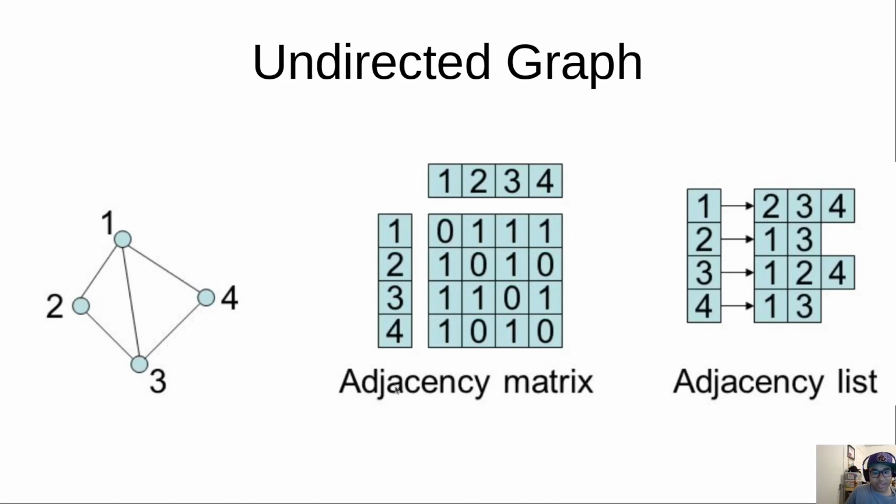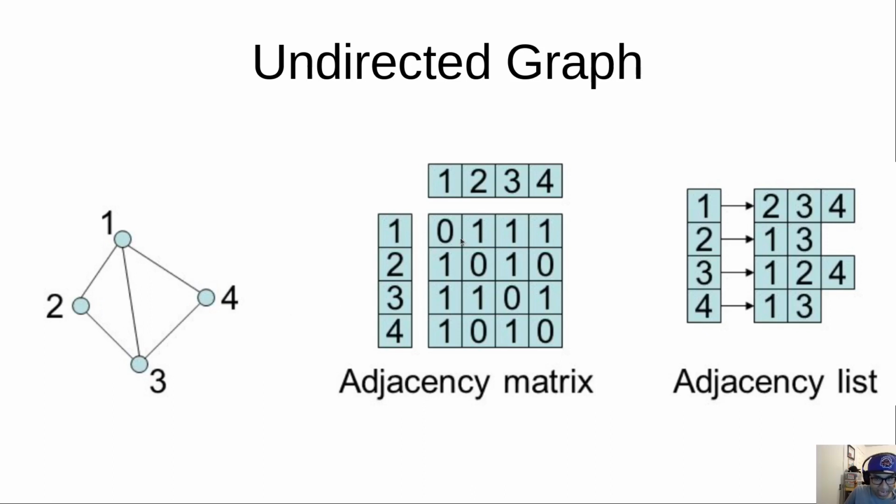So 1 represents an edge. This is an adjacency matrix over here. 0 represents there is no edge, and 1 represents an edge. As you can see, the 1 row represents the 1 vertex slash node. The 2 row represents the 2 vertex slash node, the 3 row represents the 3 vertex slash node, and the 4 row represents the 4 vertex.